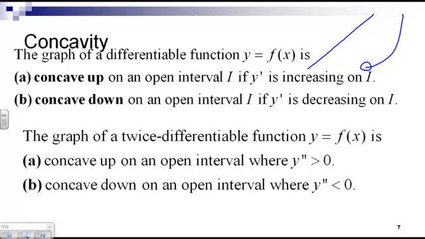But y prime here is bigger and bigger and bigger. Concave up is related to the rate of change in the slope. When the slope is getting bigger, if y prime is increasing, we get a graph that is concave up.